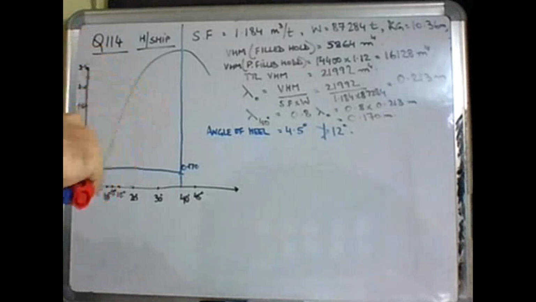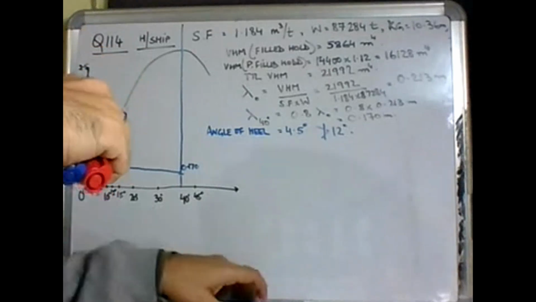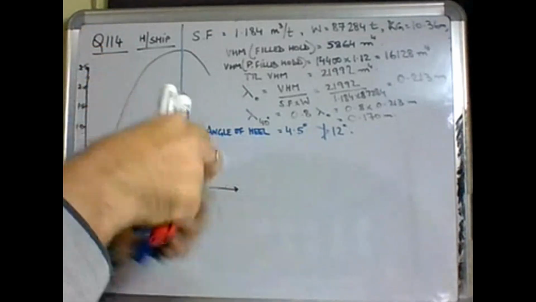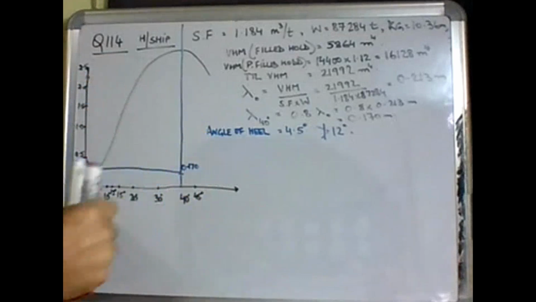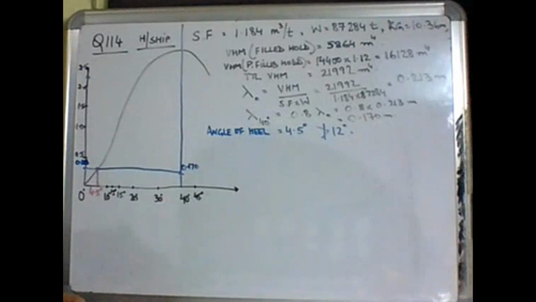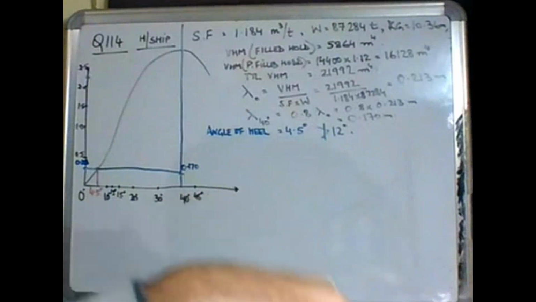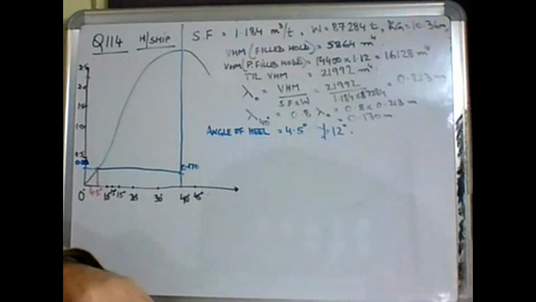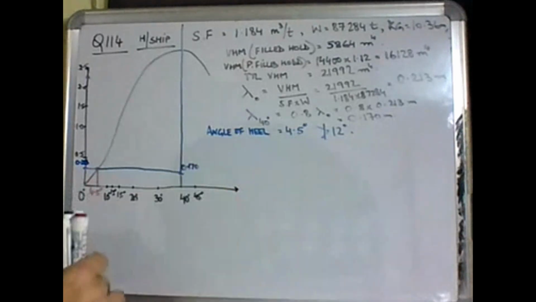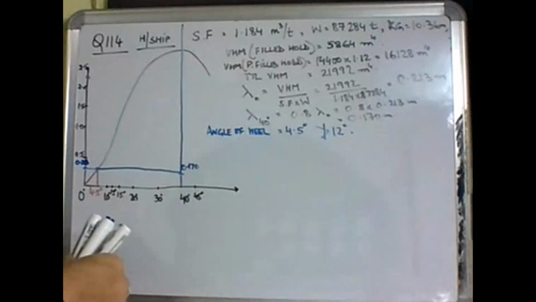How much should be the GM of the vessel when we load the grain? Anybody? The GM should be how much? Do you remember or not? Sir, it should not be less than 0.1.